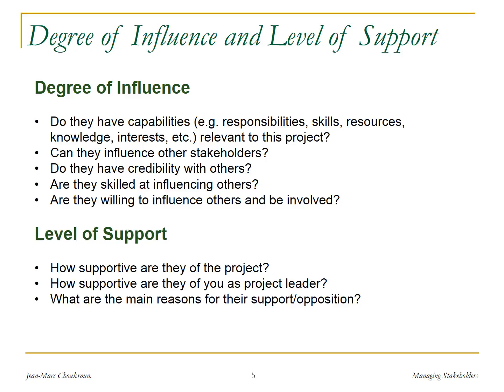One is the degree of influence of the stakeholders, and the other is their level of support to the project. Degree of influence includes understanding their capabilities, responsibilities, skills, resources, and interests that are relevant to the project.